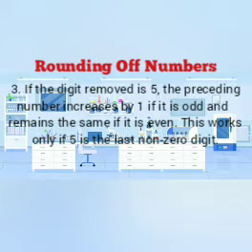Number 3. If the digit removed is 5, the preceding number increases by 1 if it is odd and remains the same if it is even. This rule only works if 5 is the last non-zero digit.